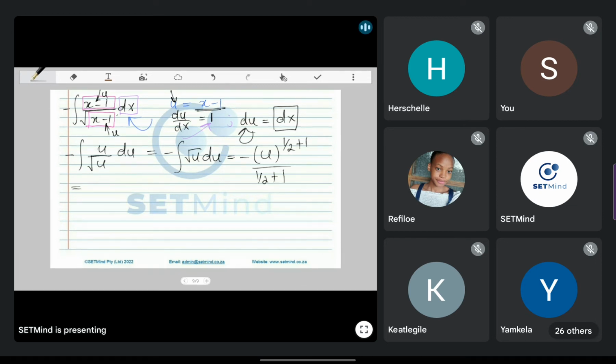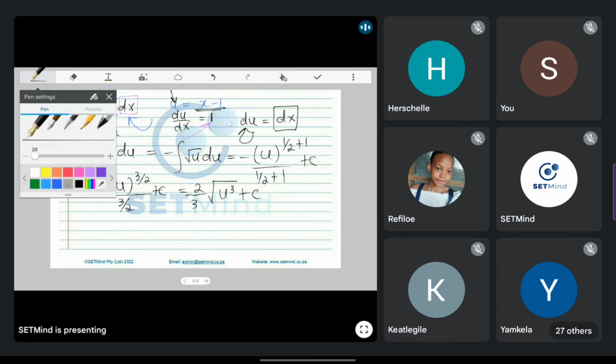And the answer there is simply negative u to the 3 over 2 over 3 over 2 here, plus c, obviously. This is going to be 2 over 3 minus u square root of u cubed plus c.